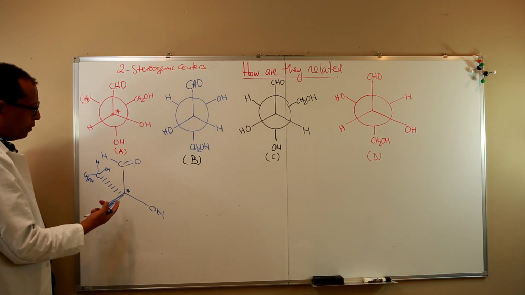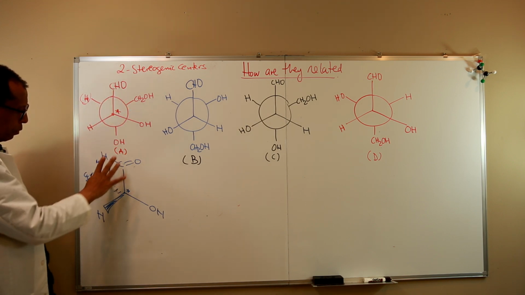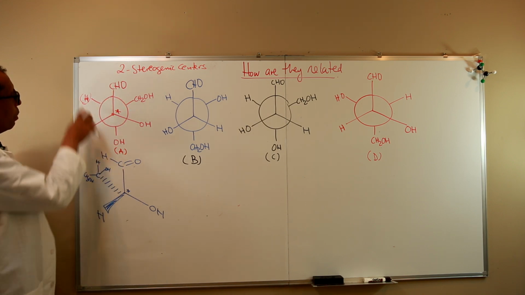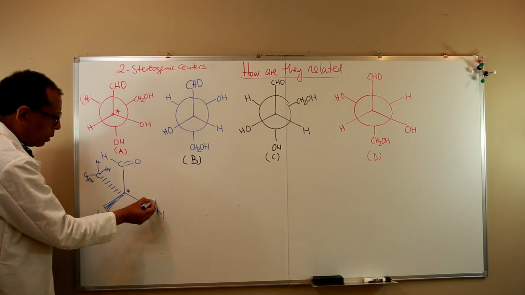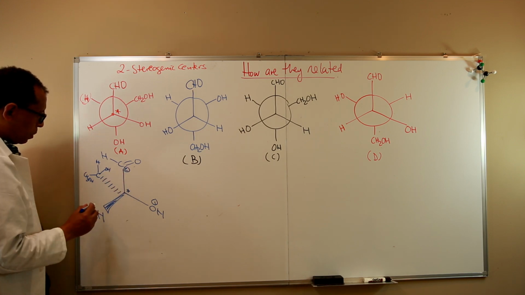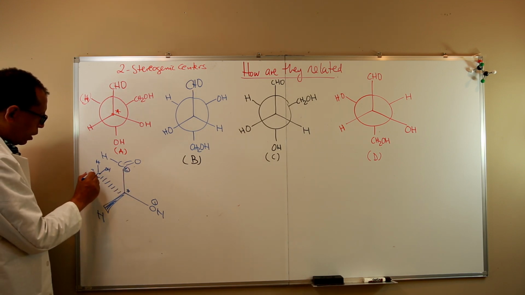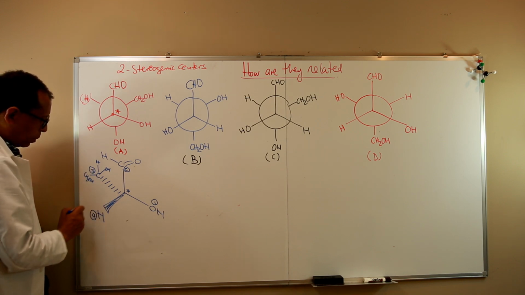So what I have here is how I interpret the front carbon and the back carbon. Priority wise, this is 1, this is 2, this is 3, and 4 is this one.